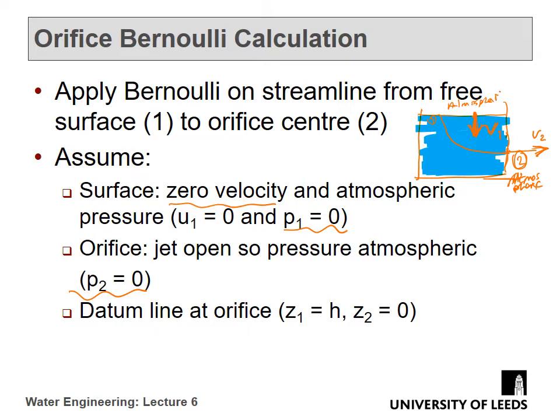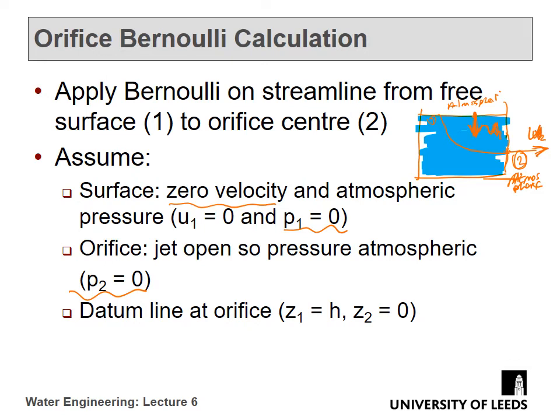It's going to be very much slower, several orders of magnitude lower than the velocity coming out of a tiny little hole. So we'll assume this. So when I've said V, I mean U. I mean U in this equation. U here.